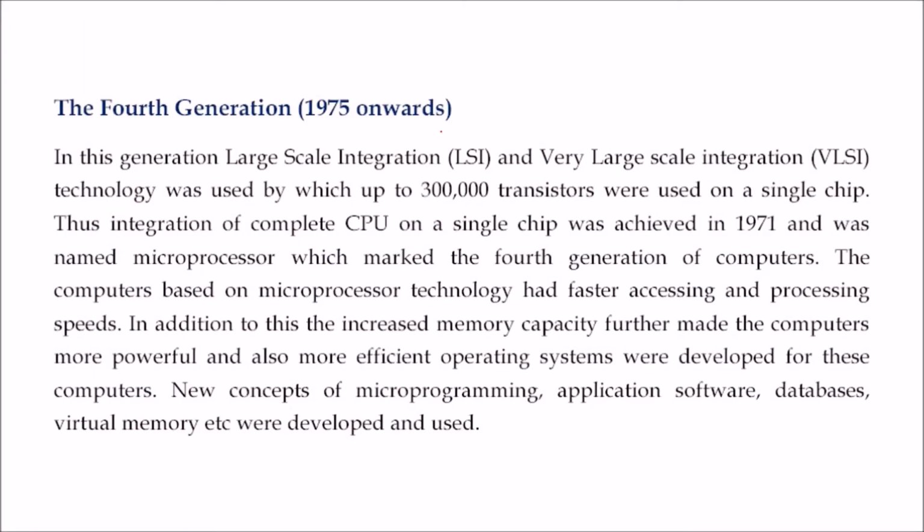Then we come to the fourth generation, 1975 onwards. In this generation, LSI, large scale integration, and VLSI, very large scale integration, were used, with around 300,000 transistors on a single chip. The integration of a CPU on a single chip was achieved in 1971, and this was named the microprocessor, which actually marked the fourth generation.